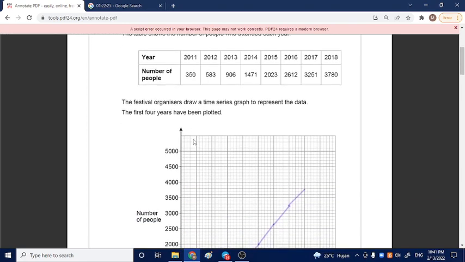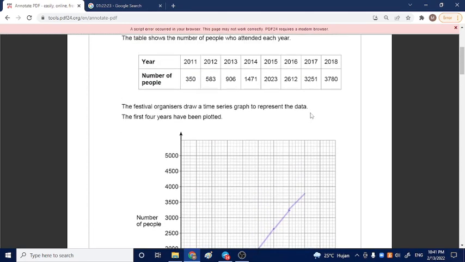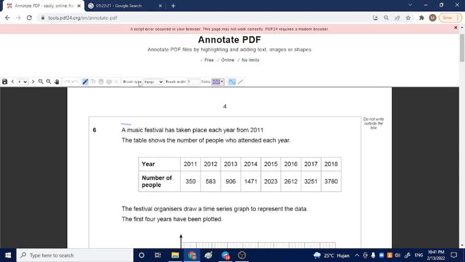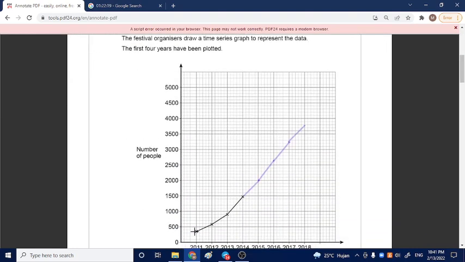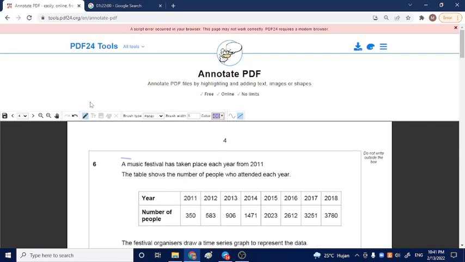Go back to the previous. It seems that if we have to draw a best fit line, it would be something like this. So the next one would be around here, right? I am not sure which one is the best fit line.